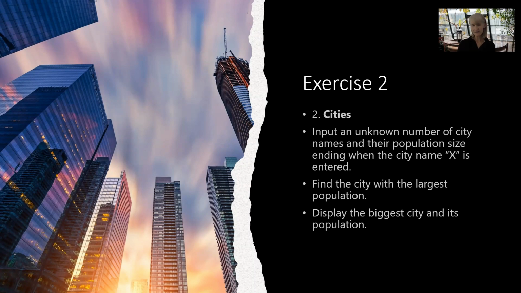And then you're going to find the city with the largest population and display the biggest city and its population at the end. And again, I've got the solution on the next page. So you can pause this and try to type out this program, get it to run, and then here is my solution.